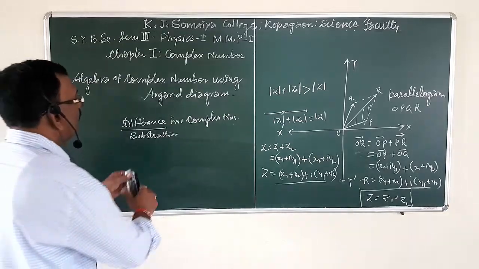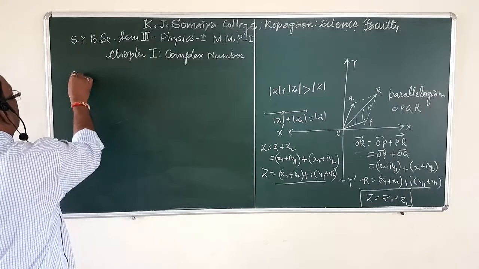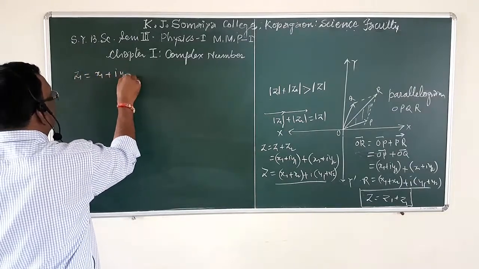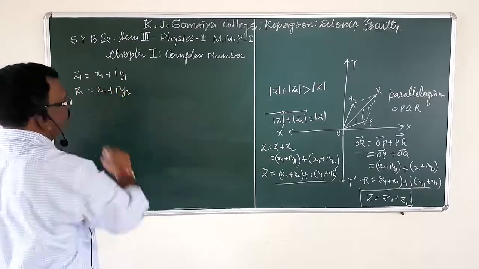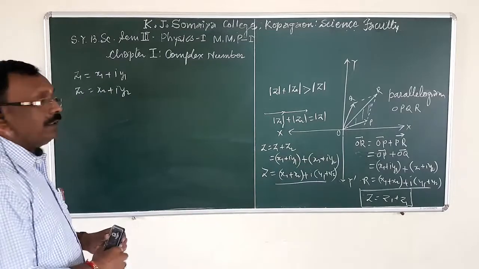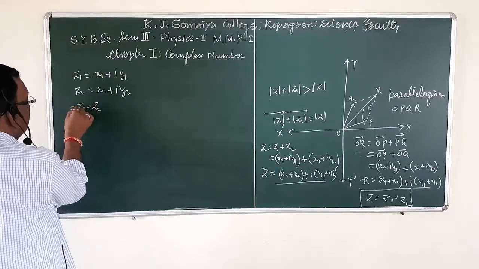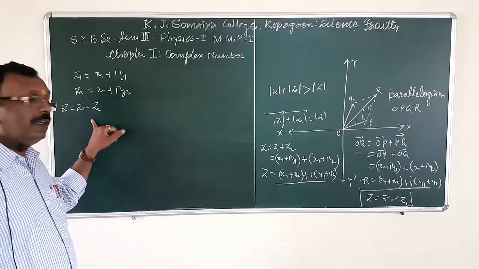Okay. Now here again consider two complex numbers. Z1 is equal to x1 plus iy1 and Z2 is equal to x2 plus iy2. Okay. Note that the difference, that is Z1 minus Z2, is Z and is also a complex number.